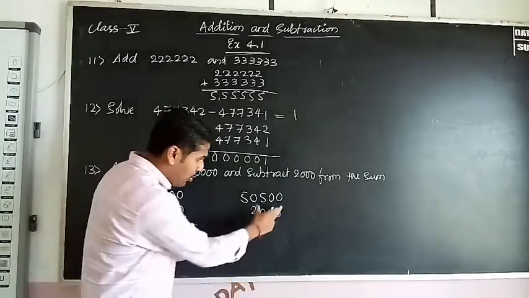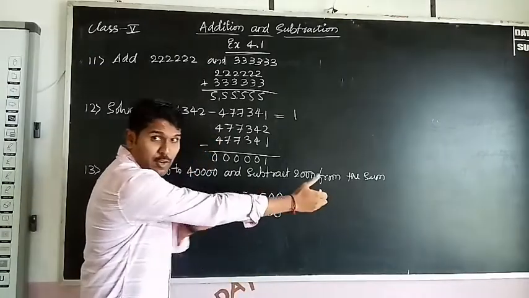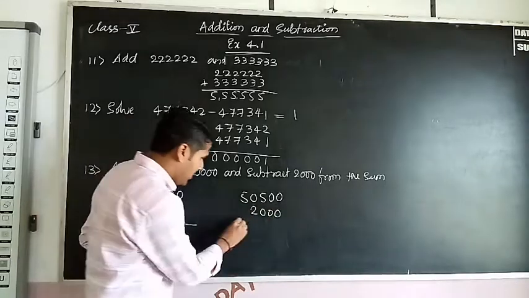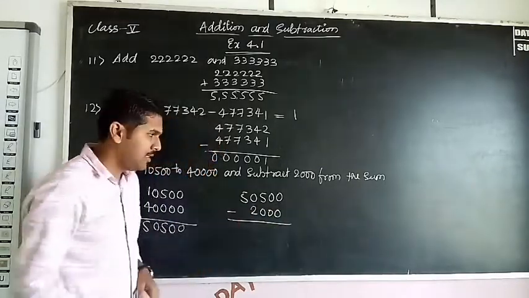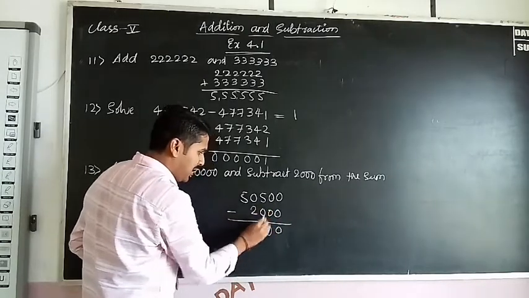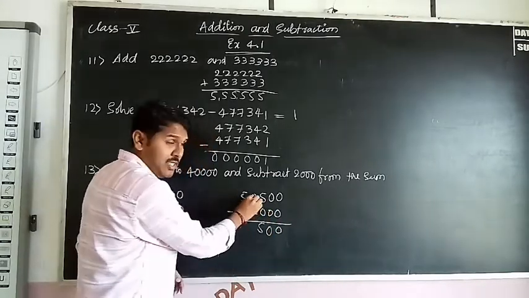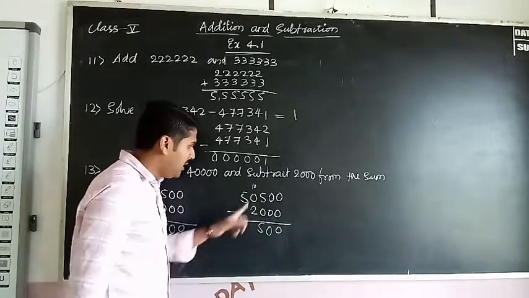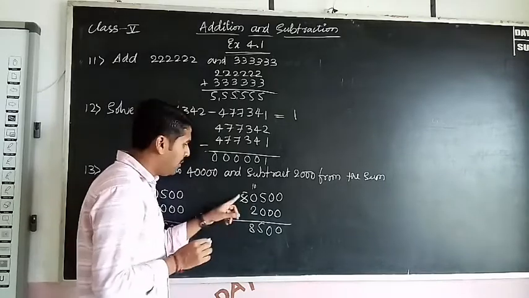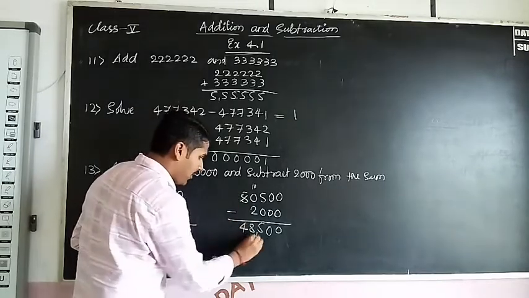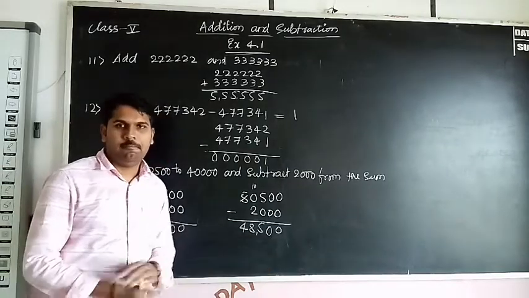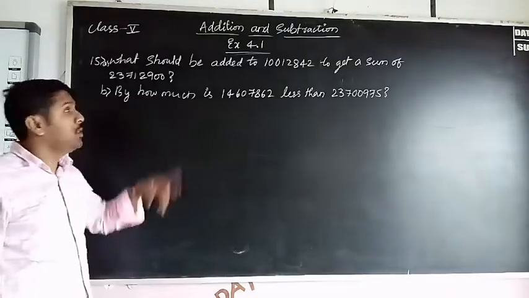You should write only 4 digits from right side to left side. So now subtract it. 0 minus 0, 0, 0 minus 0, 0, 5 minus 0, 5. 0 means here you have to take 10, 10 minus 2, 8. That means 5 minus 1, 4. What will get the answer? 48,500.